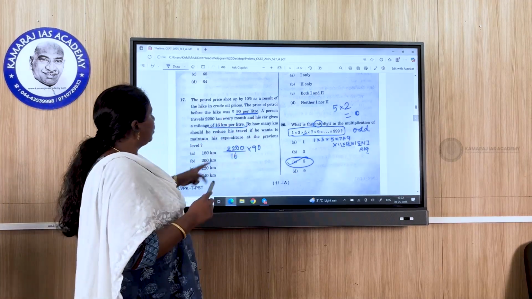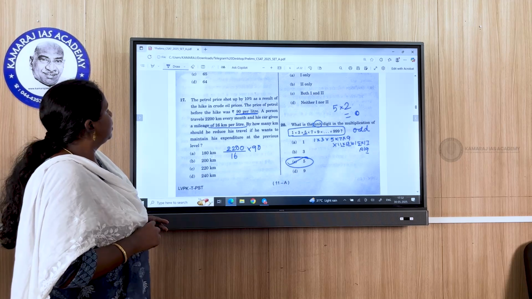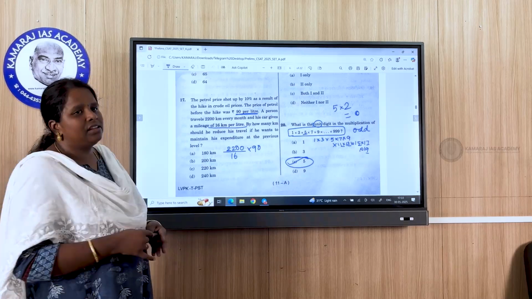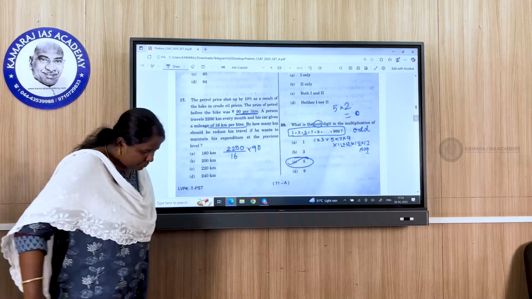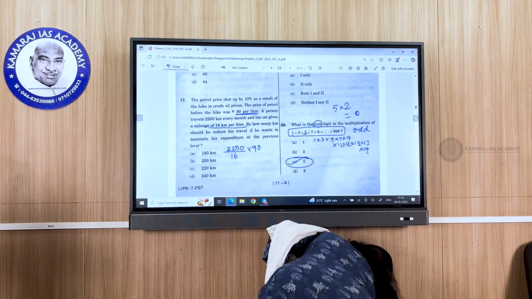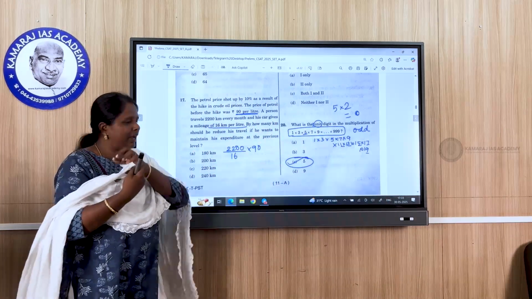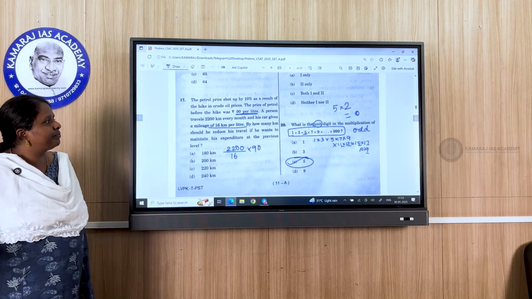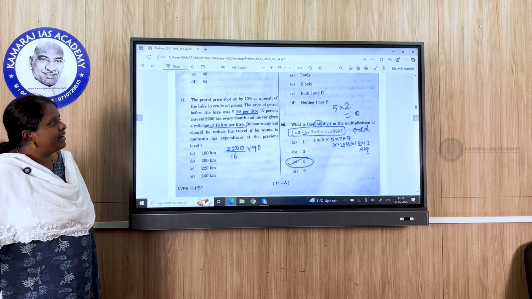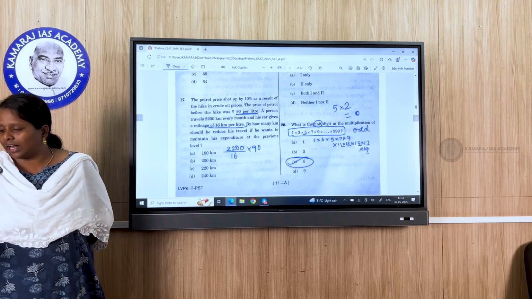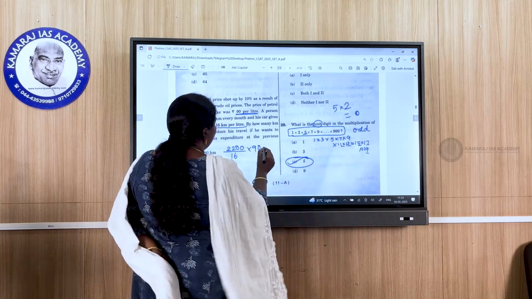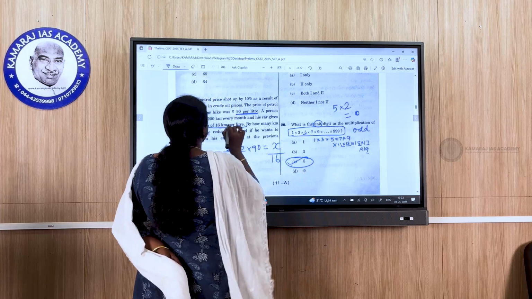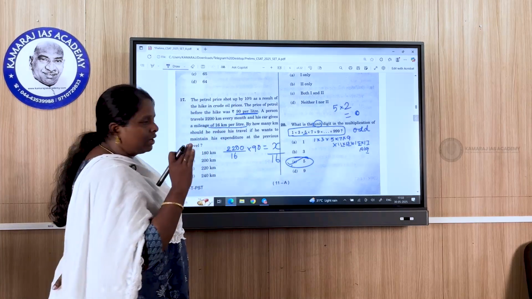90 rupees, right? Now, by how many kilometers should he reduce his travel if he wants to maintain his expenditure at the previous level without changing the price? We have to reduce the kilometers, right? So what can be done? The petrol price shot up by 10%, so first calculate the 10% value. The mileage is the same, 16 kilometers per liter.